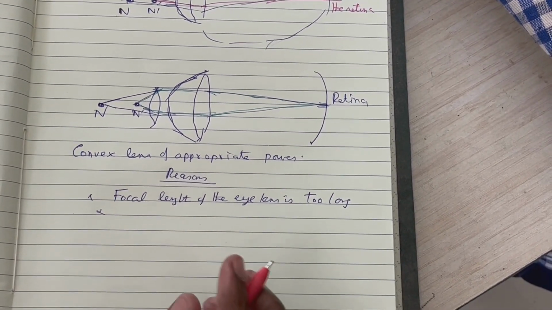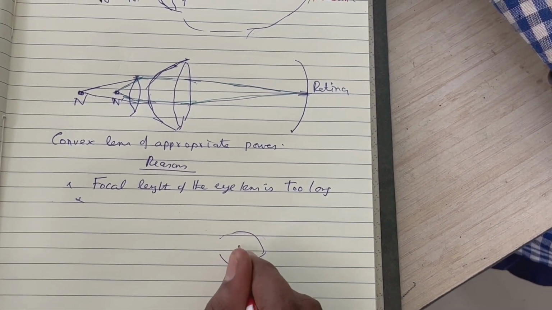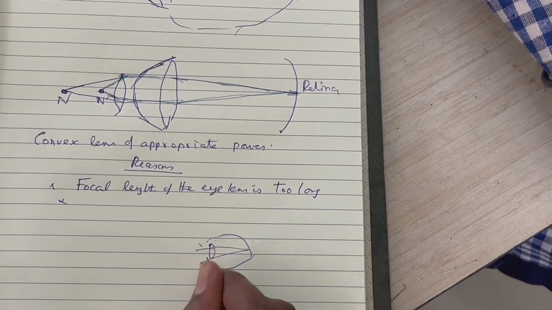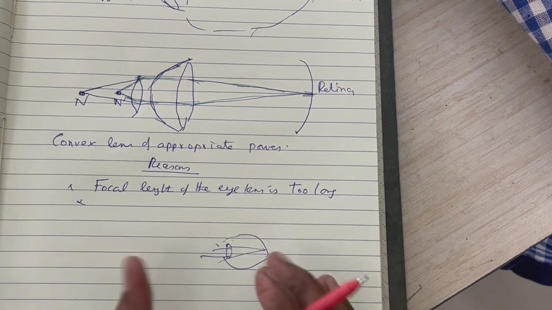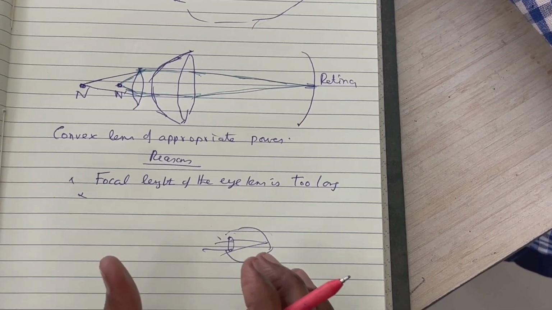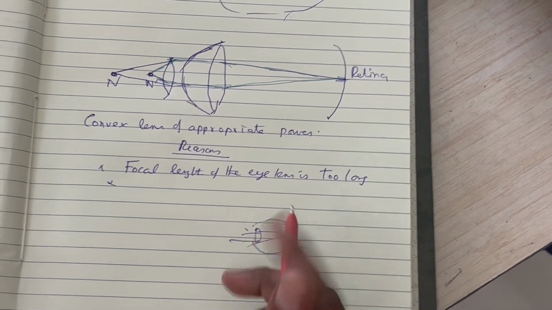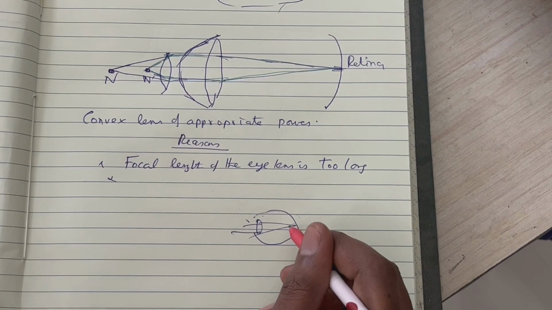Or now suppose this is the eyeball and this is the lens, and we are having the focus here, the normal focus. So what happens if the eyeball becomes reduced? I mean, the size of the eyeball gets reduced. You can see that the focus will be behind the retina.